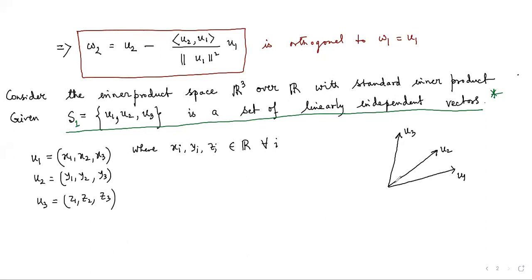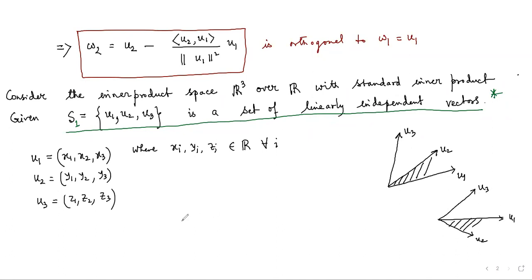You can consider these two vectors u1 and u2 on the same plane, on some plane, and that vector is not orthogonal but in some other plane. I'm trying to redraw it. Say this is my vector u1, this is my vector u2 on the surface, and this is the vector u3 on some other plane, which is not on the same plane as that of u1 and u2.